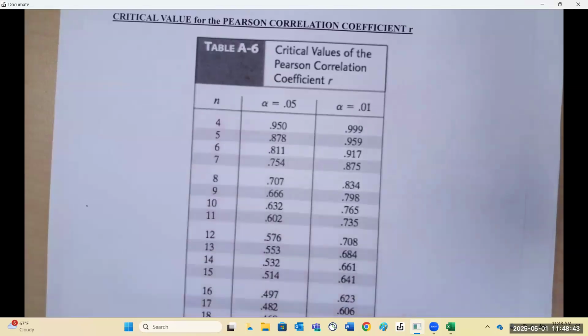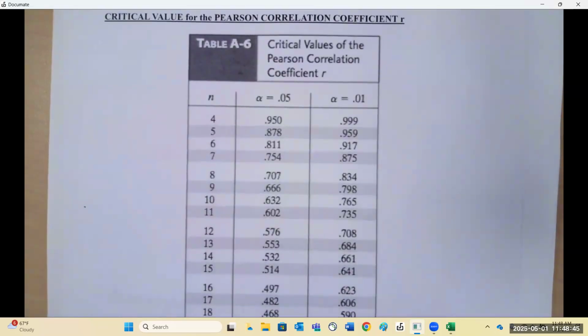Now, how would we use this table? We know we have a very strong positive correlation, but how does it relate to hypothesis? If you needed 0.05 for that critical value, you would need a little bit higher.